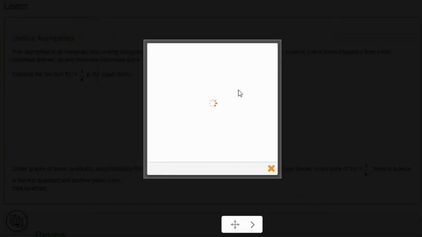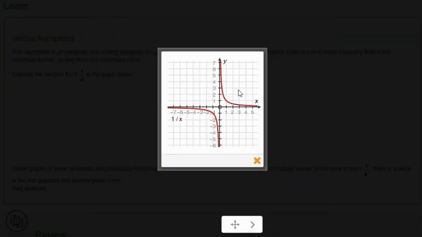Let's look at this. This is the equation 1 over x, which is a rational function. And you'll notice it actually has 2 asymptotes. It never touches the y-axis. It never touches the x-axis. So there are asymptotes at y equals 0 and x equals 0.